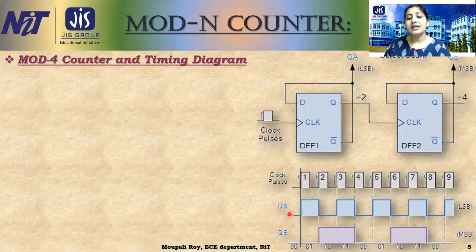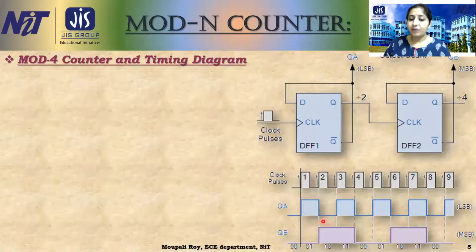So if that is 1 0 1 0 1 0 1 0, then what is the value of QB? For the first one, that is 0. For the second one, whenever it comes, then it is 0. So it is continuing. Then whenever it becomes 1, at that time, when this clock is on, this becomes 1.